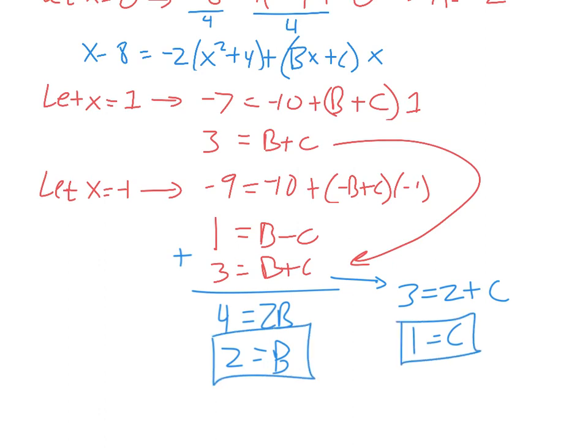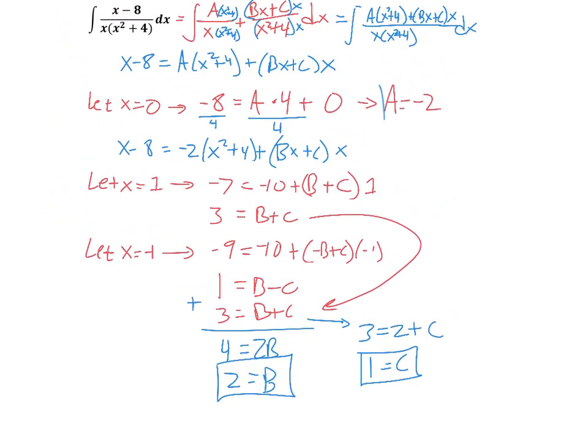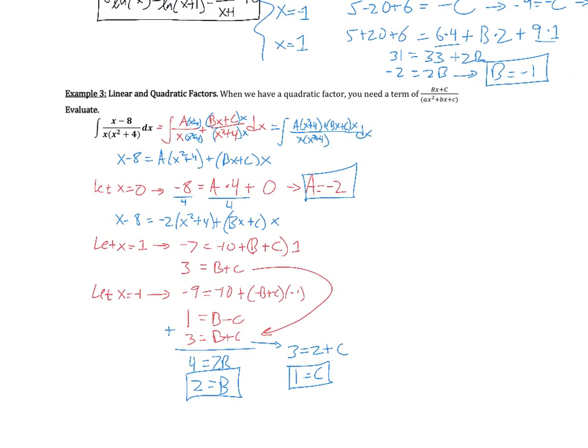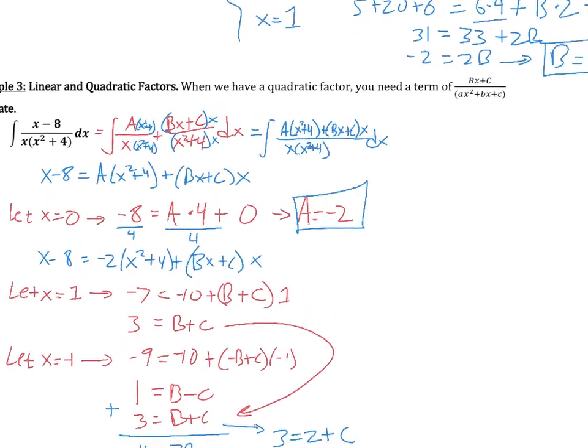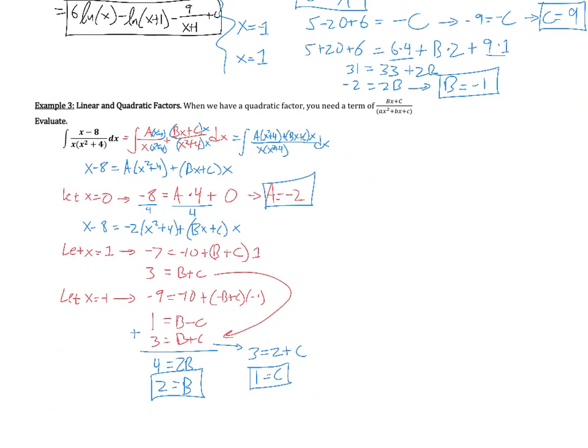We've got our A, B, C. And our a, where was our a? There it is. So now all we got to do is plug that back in, and we can take our integral. So we're going to plug it back into this red integral up here. A is negative 2, b is 2, and c is 1.